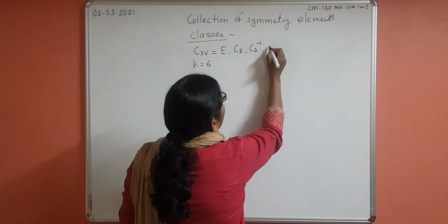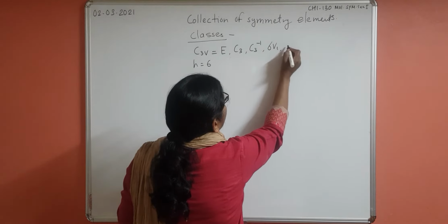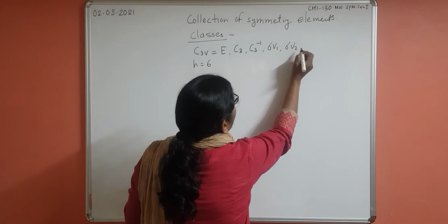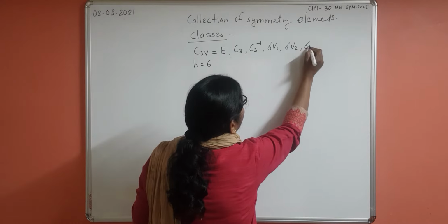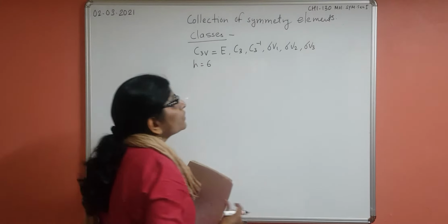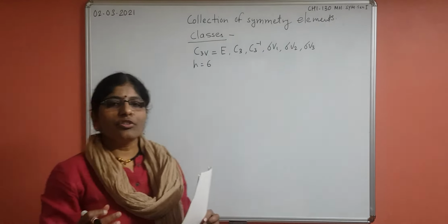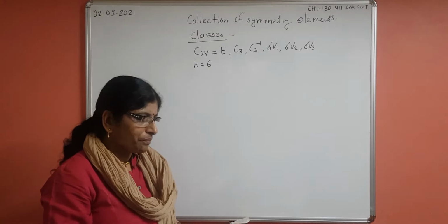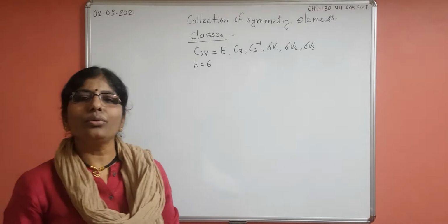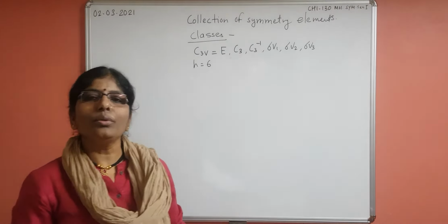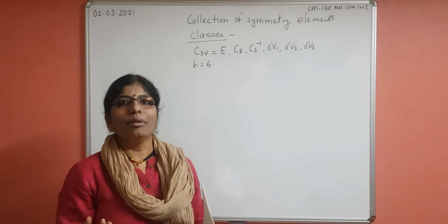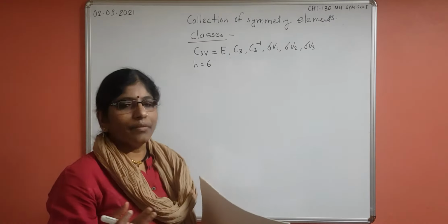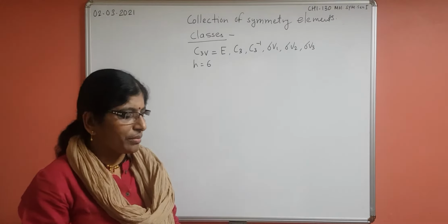Or in some books it is sigma V prime, sigma double prime, that doesn't matter. There are two axes of rotation and three planes of symmetry, that is important. Either you write C31, C32 or C3 and C3 inverse, and sigma V prime, sigma V double prime, or simply sigma V1, sigma V2, sigma V3.